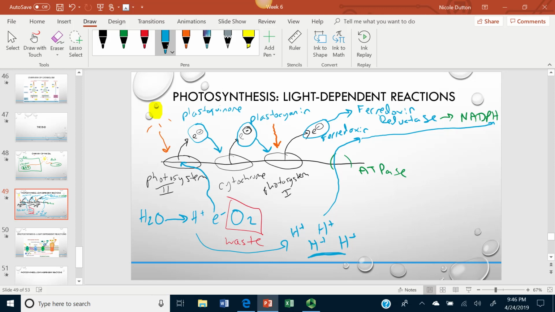Rotation of this complex here leads to the generation of ATP. So now you have ATP produced and NADPH. Those are the two major products of the light-dependent reactions.